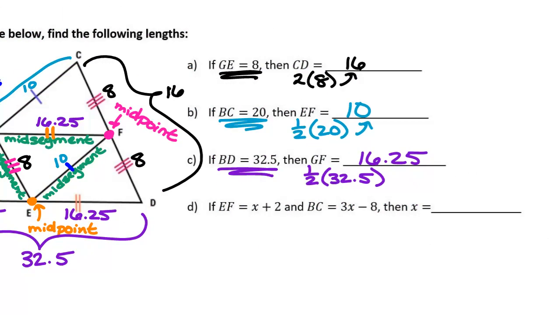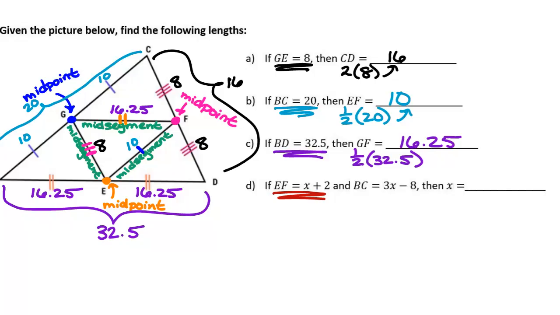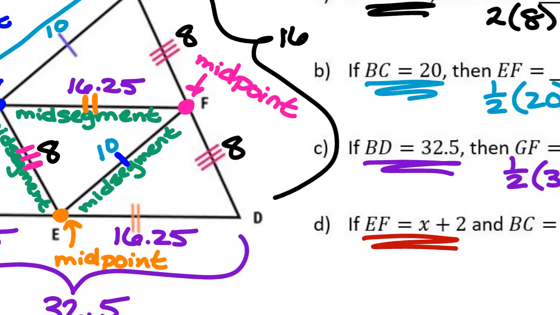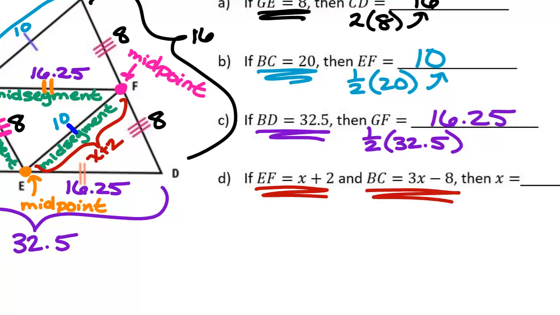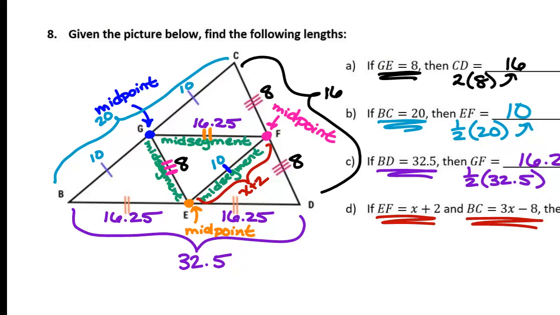All right, last one on this question. Says that EF is x plus 2. So that would be this right here, x plus 2. And BC is 3x minus 8. B over to C, 3x minus 8.